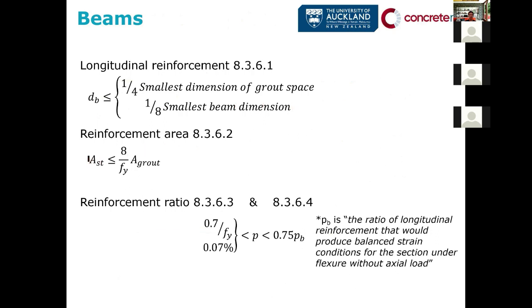Then we have a maximum reinforcement area of steel, depending on the area of grout and the strength of the steel. And finally, we have a reinforcement ratio, with lower and upper limits in those two clauses. The lower limit depends on the steel, and it's just a percentage. The upper limit depends on ρb, which is the ratio of longitudinal reinforcement that will produce balanced strain conditions if we don't have axial load.